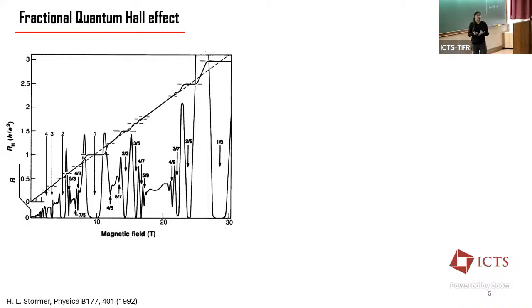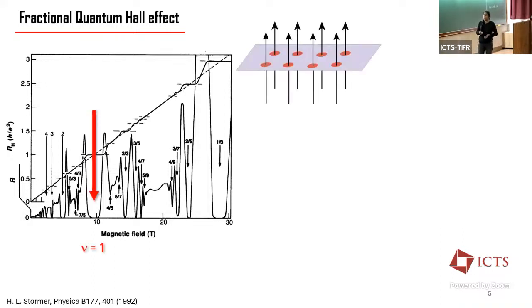Now, to understand the origin of these plateaus, let us take the case of filling factor nu equal to 1. This is a schematic of a two-dimensional electron gas with a magnetic field passing through it, and these orange circles are the electrons. At nu equal to 1, all the degeneracy has been filled and there are no available states, so each electron is associated with a single flux quantum.